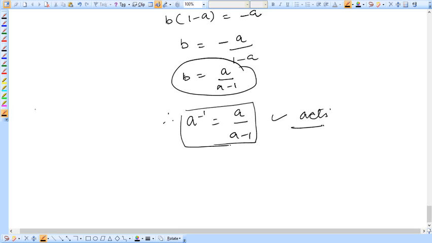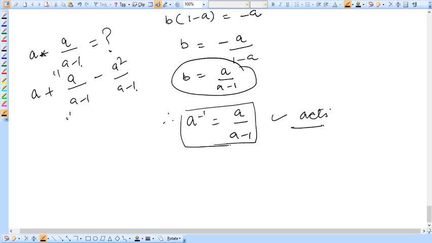Or you can check this also, that is, whether it is the inverse of A or not. If we operate A with A by A minus 1, what is the result? So let us check it out. A plus A by A minus 1 minus A into this, it would be A square minus, okay, fine, it is equal to this, and let us take LCM, A minus 1.